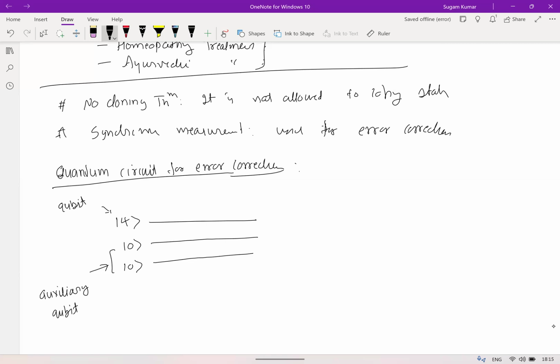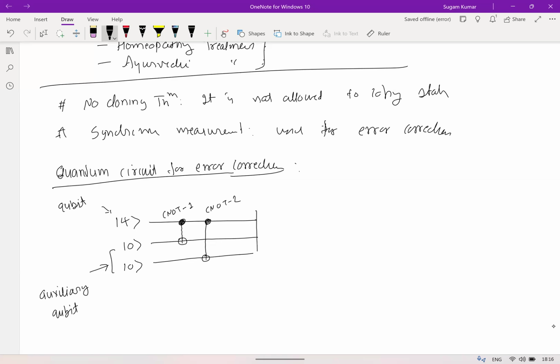And then you apply one CNOT gate between psi and the first auxiliary qubit. And then you apply one more CNOT between psi and the second auxiliary qubit. So you can see this is a CNOT gate. So CNOT 1, and then CNOT 2.